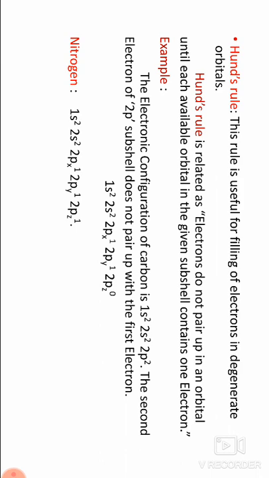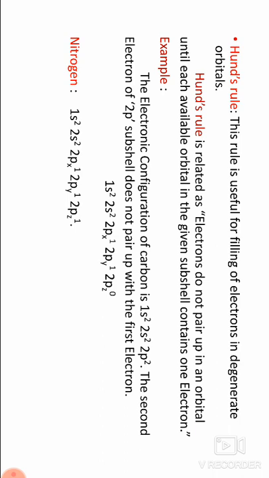In d orbitals, d0, d5 and d10 configurations are stable. Fe3+ contains the 3d5 configuration, so it is more stable than the Fe2+ 3d6 configuration.